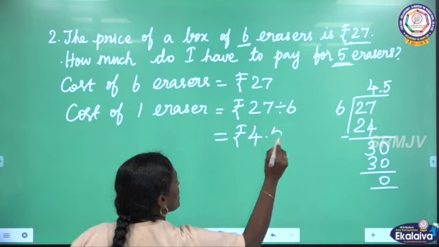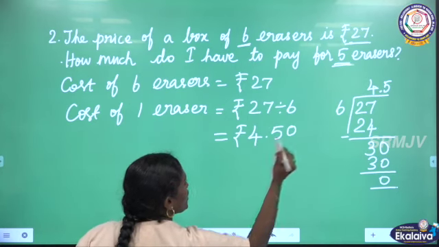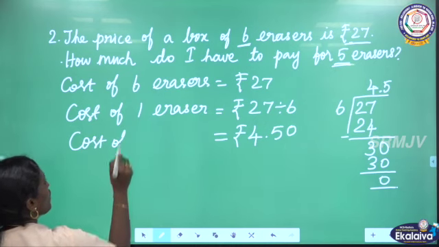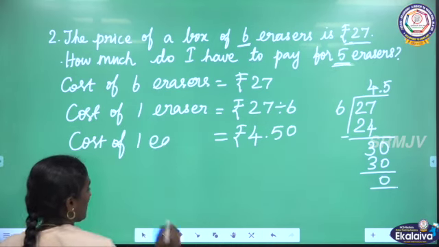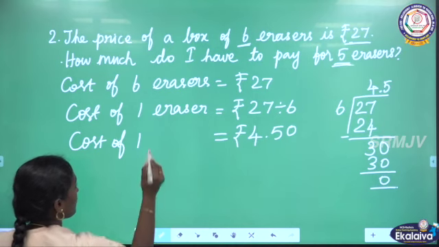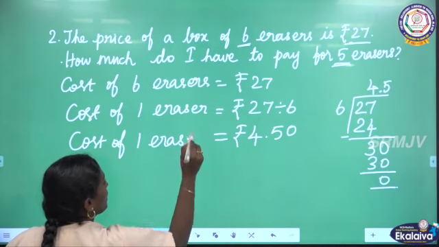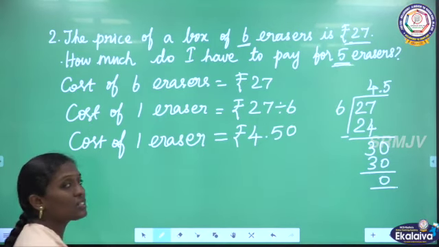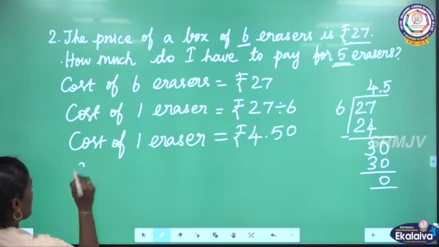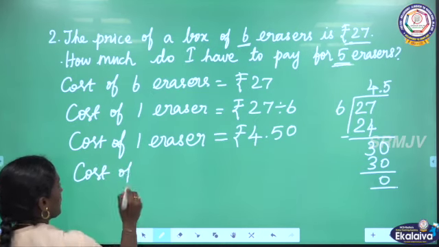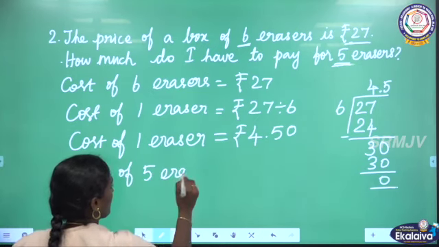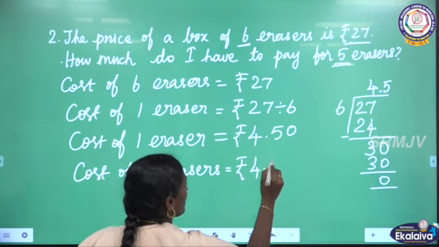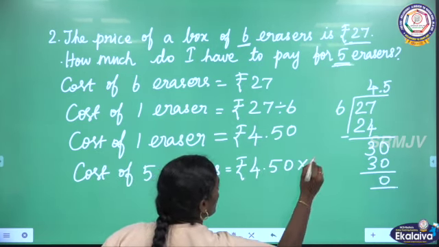While writing as money, we have to put 0, 4 rupees 50 paise. So this is the cost of 1 eraser. Now we are going to find the cost of 5 erasers by using multiplication, is equal to rupees 4.50 into 5.